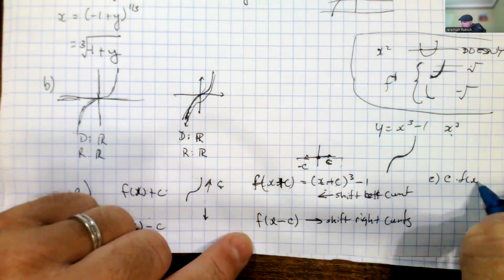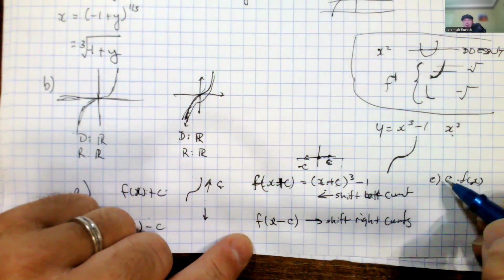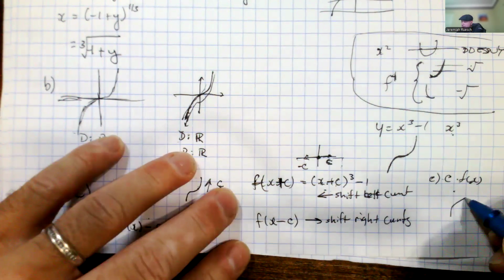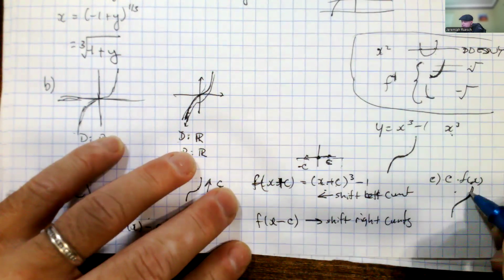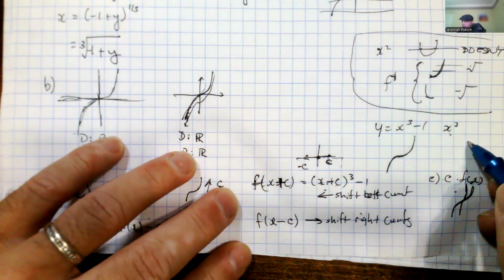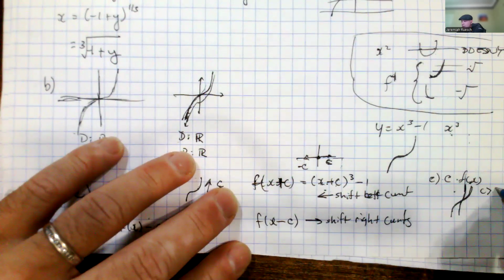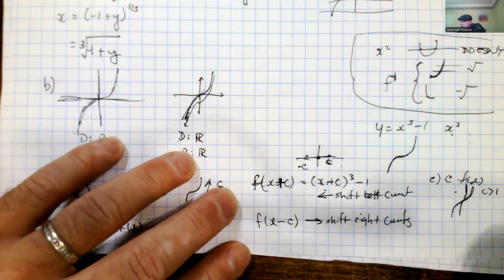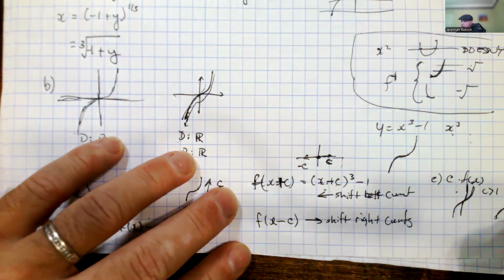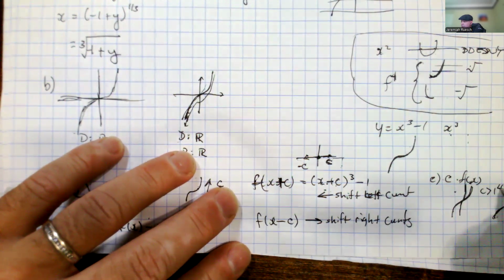Okay. And then if we look at part E of E, this is the one that says c times f of x. So what is that doing? Well, it's taking whatever the output of f of x is and multiplying it by a c. So it's going to scale. If the function was like this, then multiplying it by c will make it narrower, because you're multiplying that value and it's going to make it a higher y value, if c is greater than 1. And it will do something like this if c is less than 1 but greater than 0.